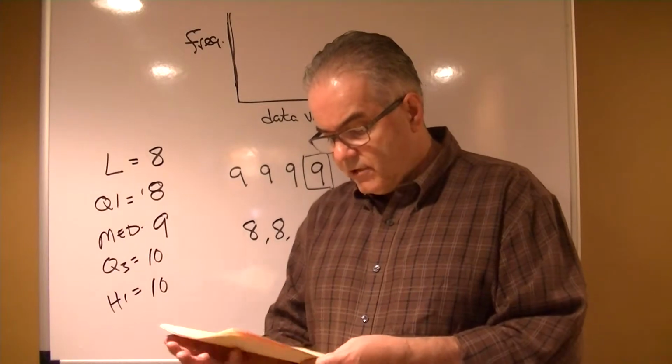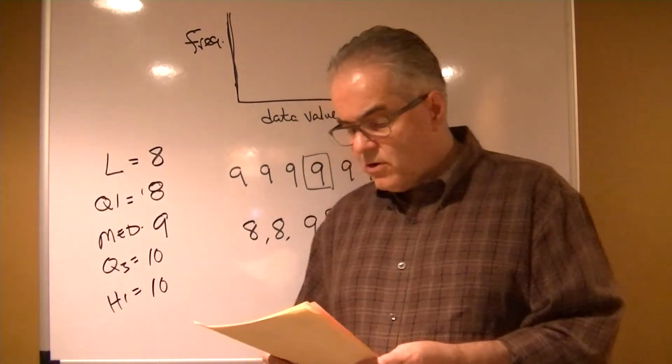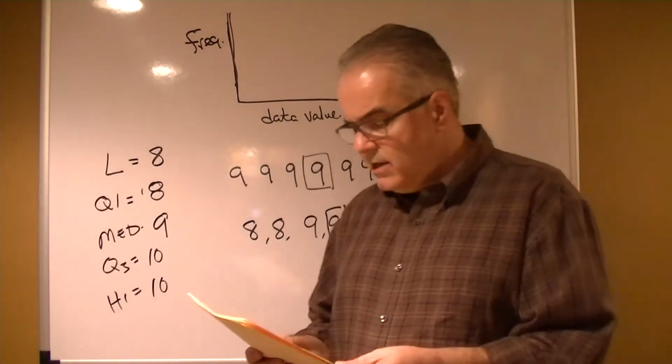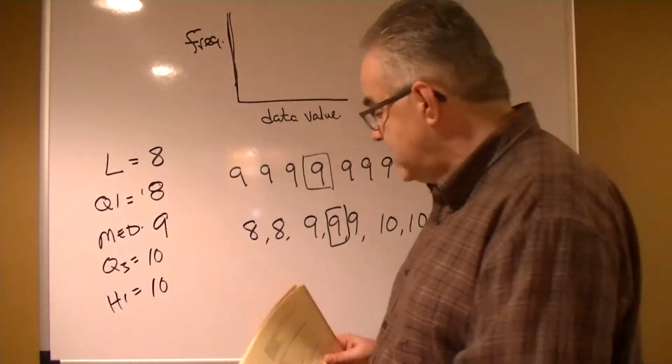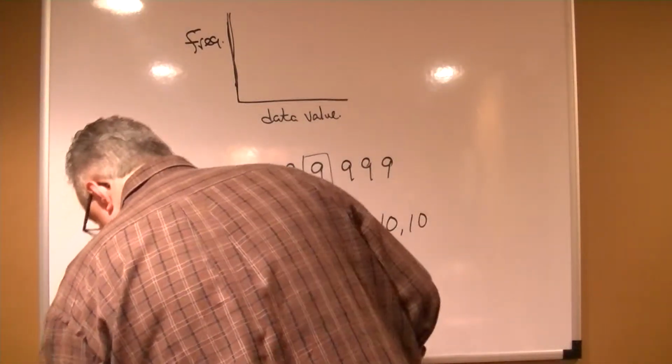Number 16, for an exam given to a class, the student scores ranged from 40 to 93 with a mean of 76. Let me kind of draw this out here.